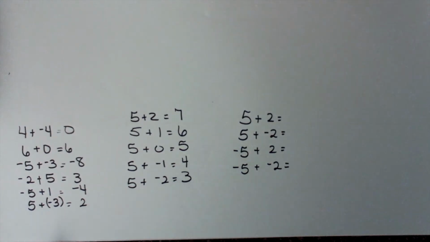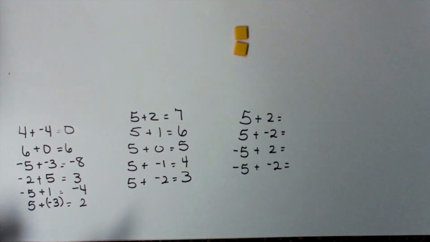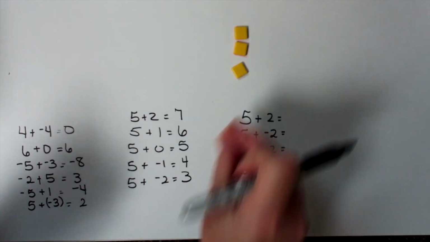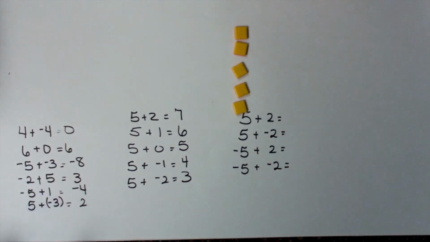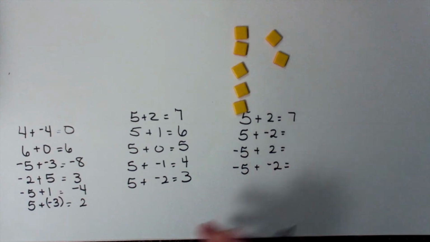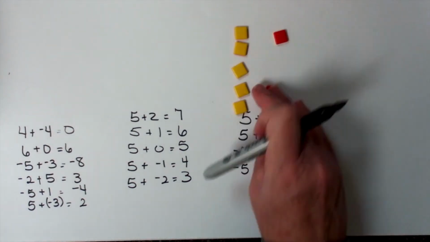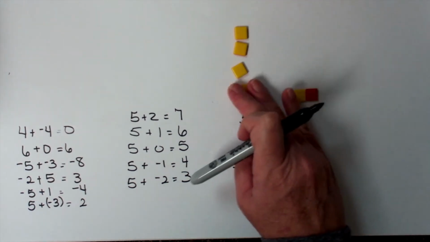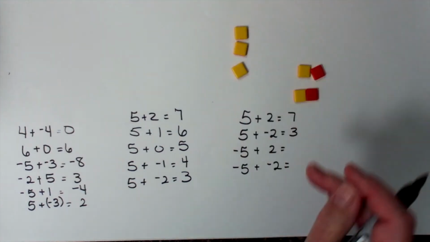Now let's, again, put 5 up here. And we want them to see patterns, because patterns are all through mathematics. So 5 plus 2 is 7. 5 plus negative 2, at this point we have to zero out. And if I zero out, I have positive 3.